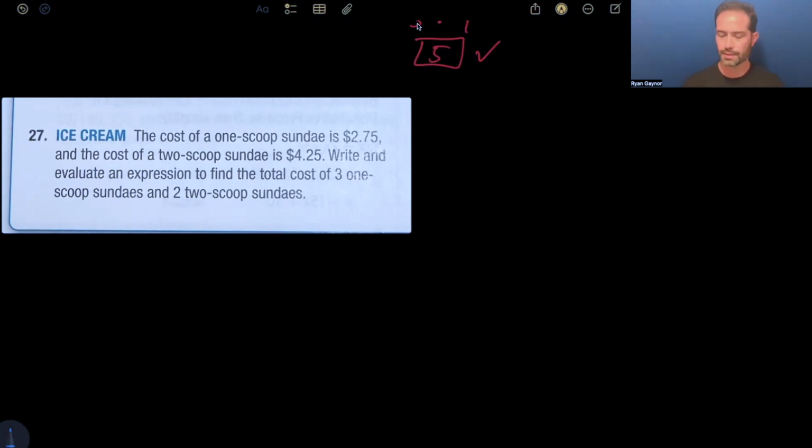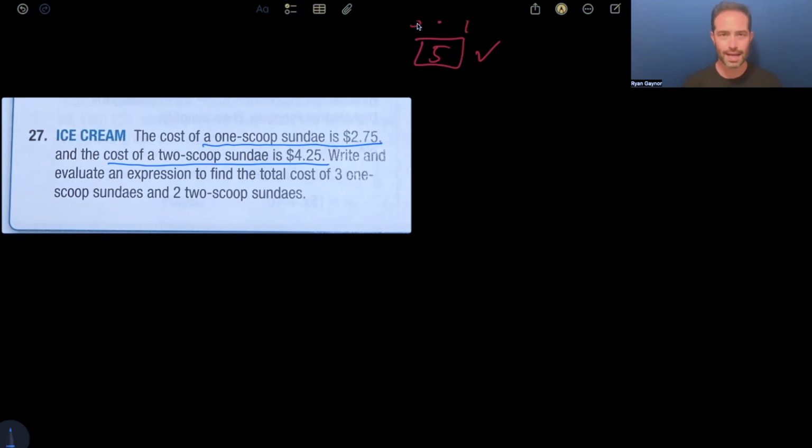So here's what I'm noticing. We got the cost of a 1-scoop sundae, so I'm going to underline that. And the cost of a 2-scoop sundae, I'm going to underline that. Those are the key phrases right there. I know it's not very long, but it always helps to just get used to underlining phrases or key words.